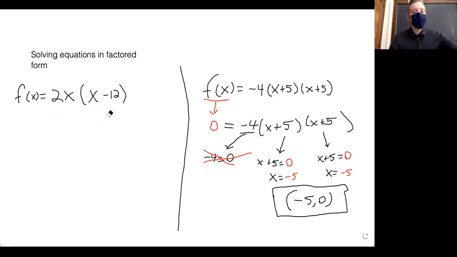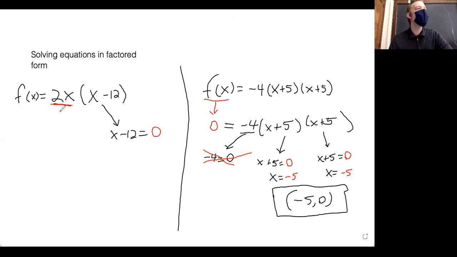So if we treat this similarly to the last couple of problems, I know that I need to split up. I know that I need an equation for my parentheses. So I'm going to have x minus 12 equals 0. But I also need an equation for the other x over here.